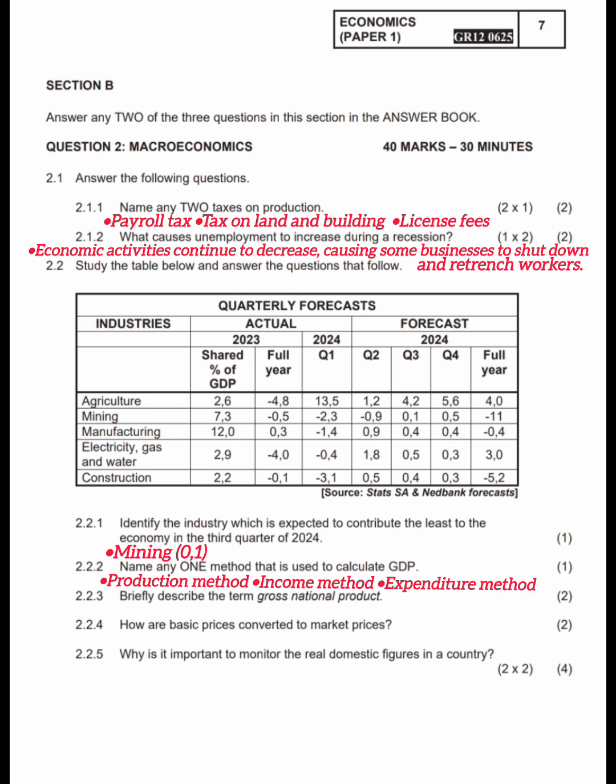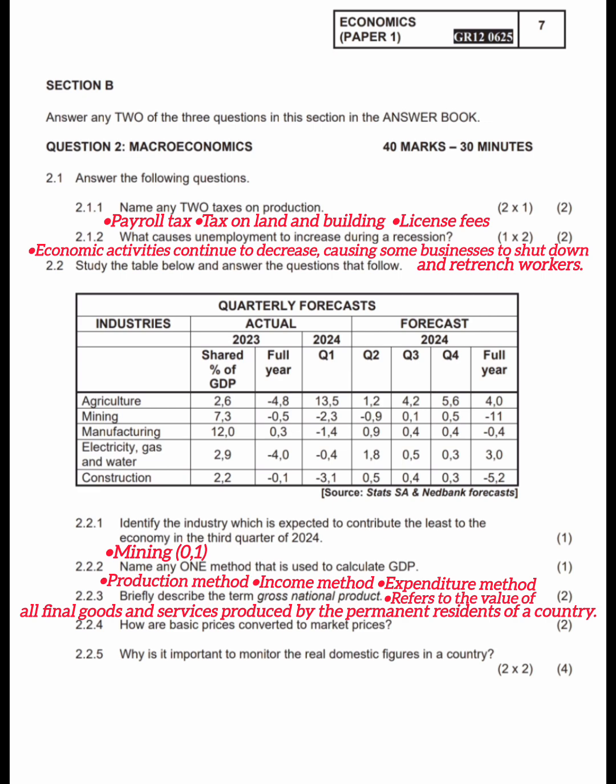And then 2.2.3, briefly describe the term gross national product. So what is GNP? Gross national product refers to the value of all final goods and services produced by the permanent residents of a country within a specific period. So, we should note permanent residents, right? This is talking about only the permanent residents of the country, right?